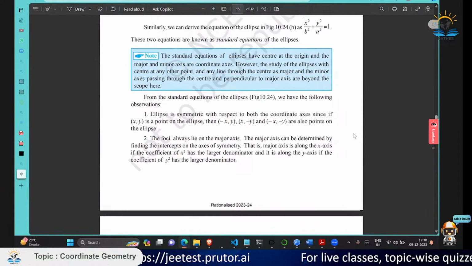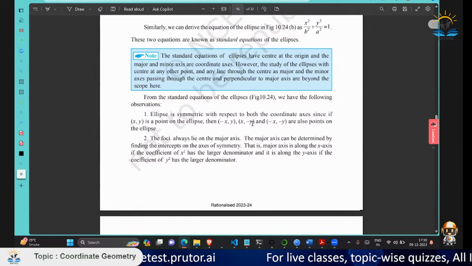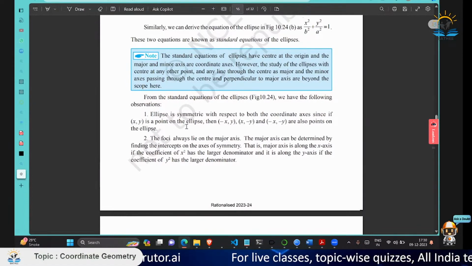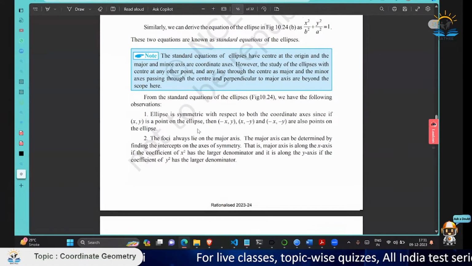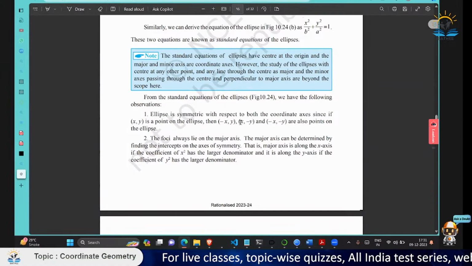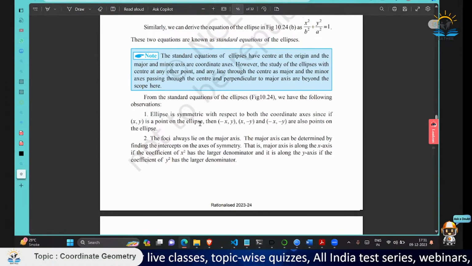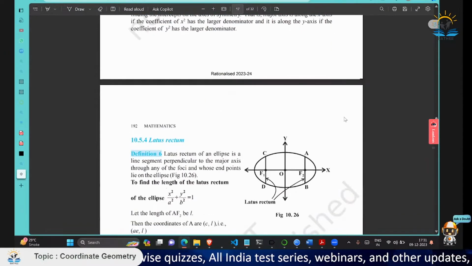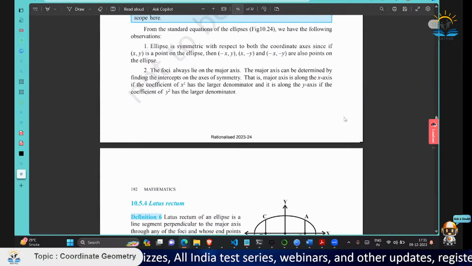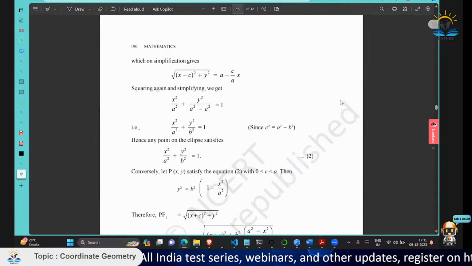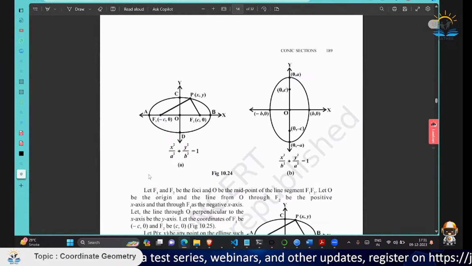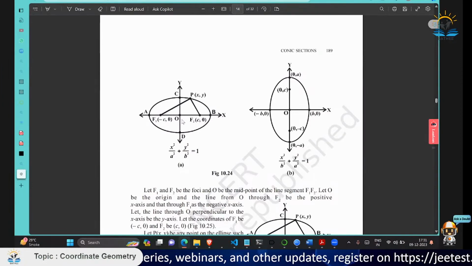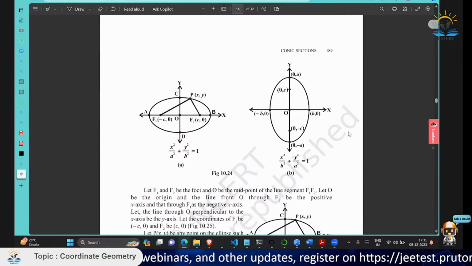And we can infer from the standard equations of the ellipse that the ellipse is symmetric with respect to both the coordinate axes. Because if x, y lies on the ellipse, then minus x comma y, x comma minus y, and minus x comma minus y also lie on it. These are very basic points which you can infer from the diagram itself. You can clearly see it is symmetric with the x-axis and y-axis both.